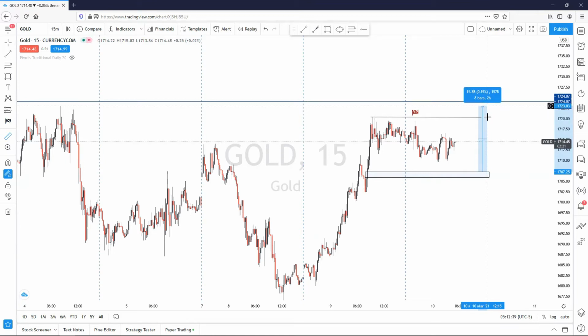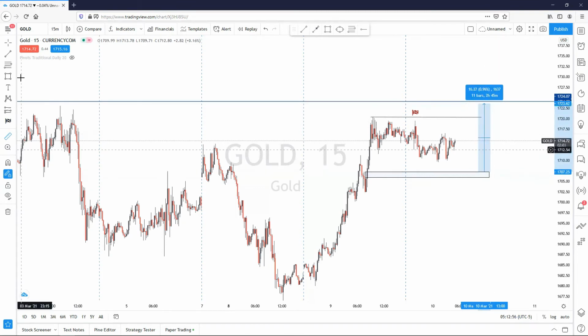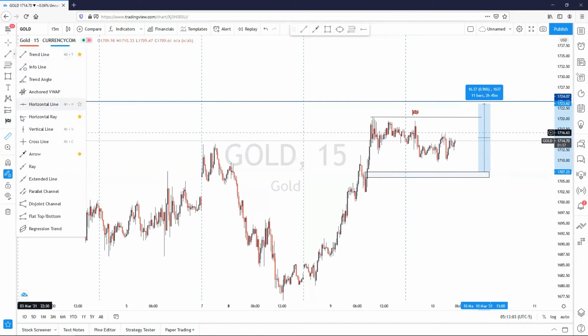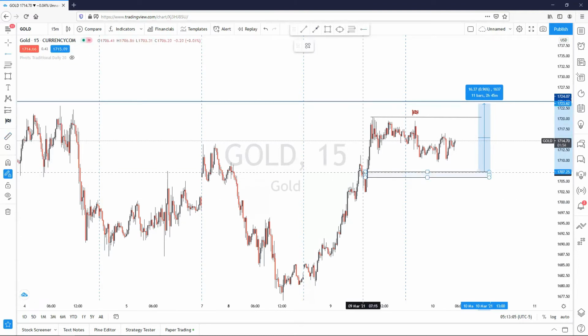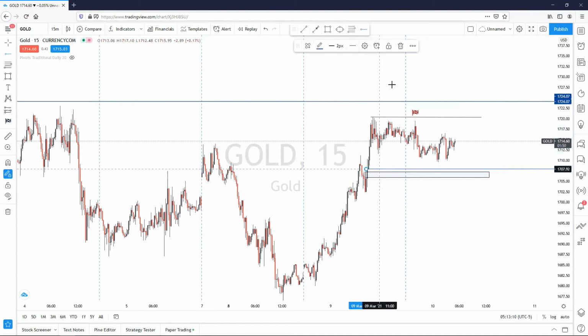That would be 130 pips. So we've got a 38 pip difference between these two levels. We want to see price trade back in here, and boom, our trade is going to get set at this price level. I'm going to mark that. This is where our entry price is going to be, around here.